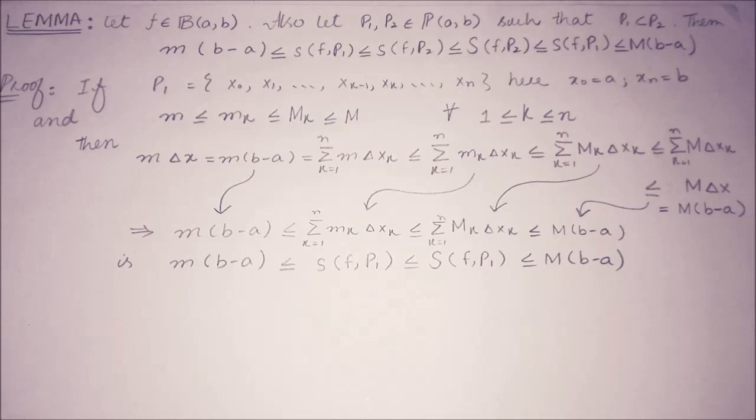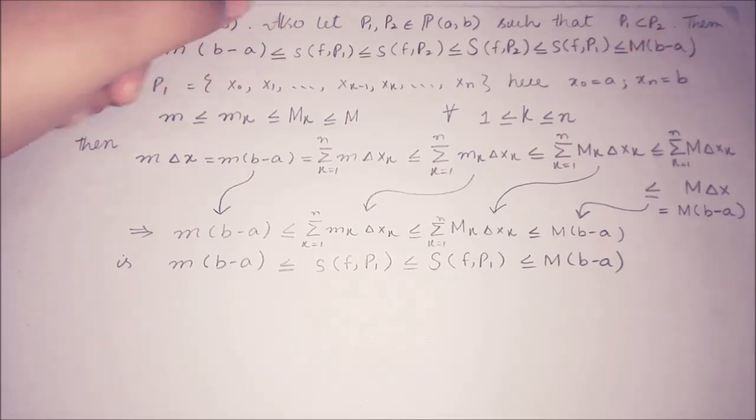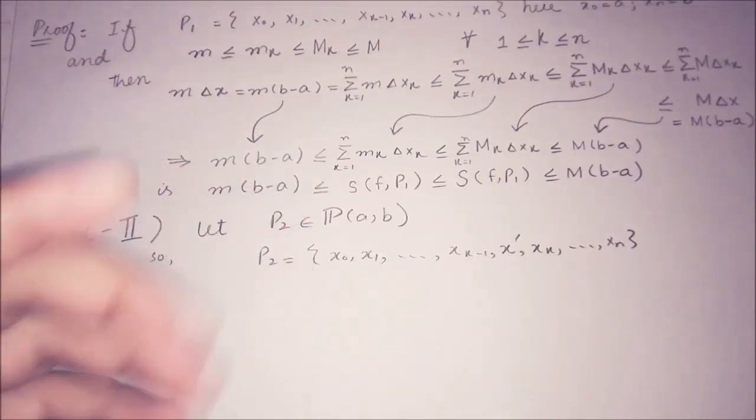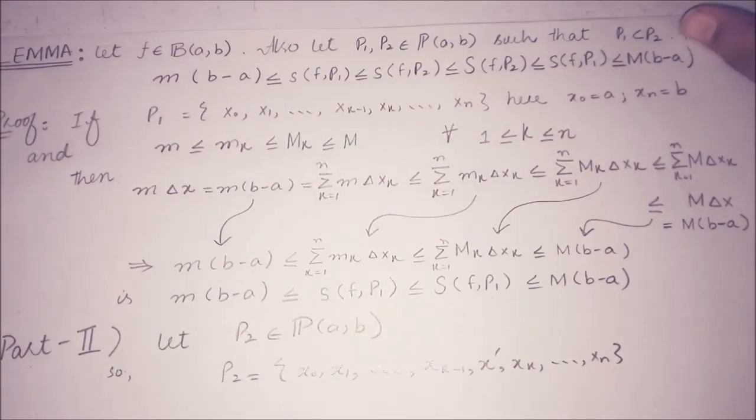Now we will look at this part of this lemma. Here we are with p2, the second partition from the set of partitions, because it was given that p2 must be a superset of p1.